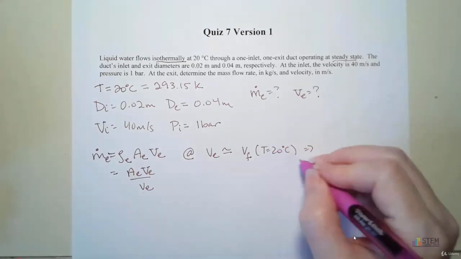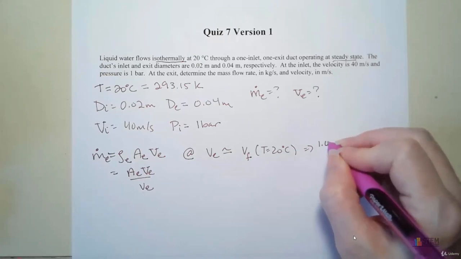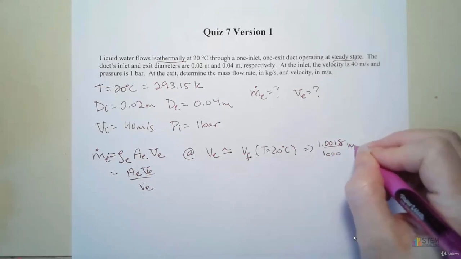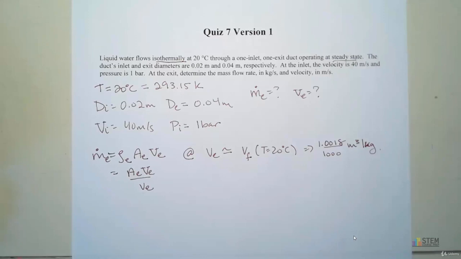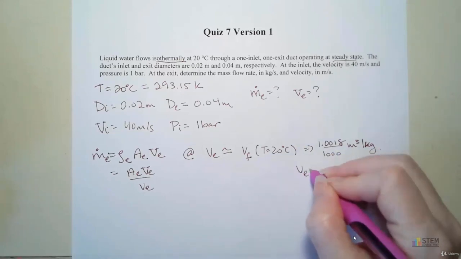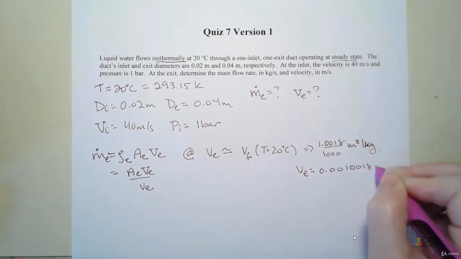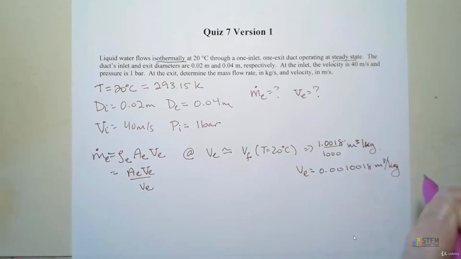If you look that up in the table, you'll find that the specific volume at the exit is approximately 1.0018 over 1,000, and that's cubic meter per kilogram. So go ahead and divide these, we'll get 0.0010018 cubic meters per kilogram.